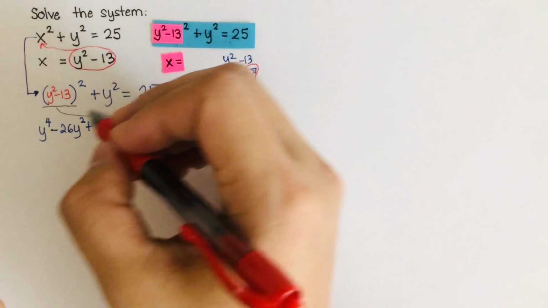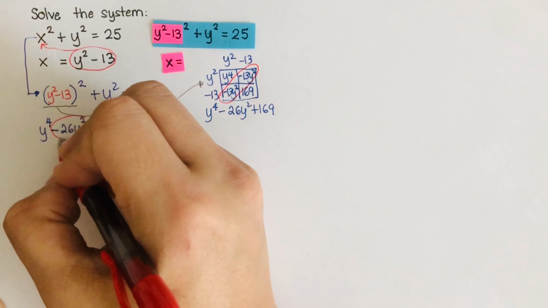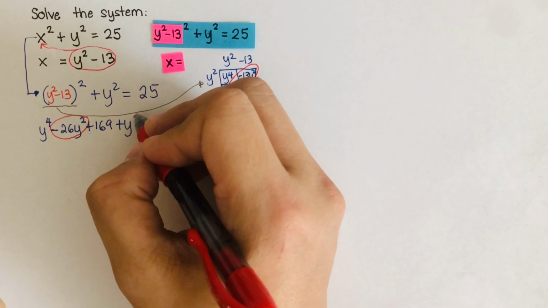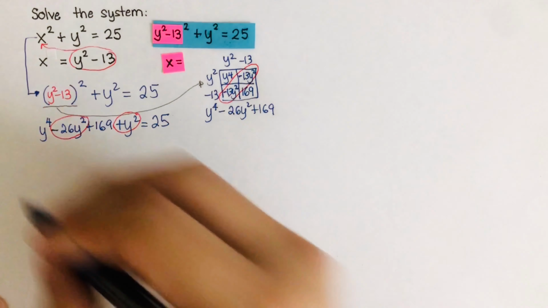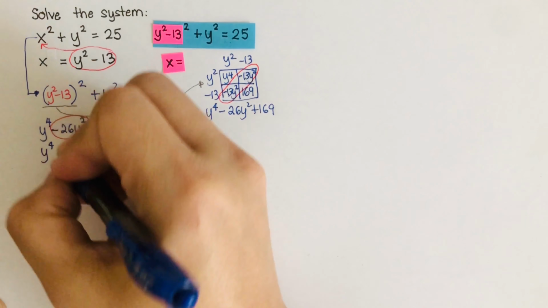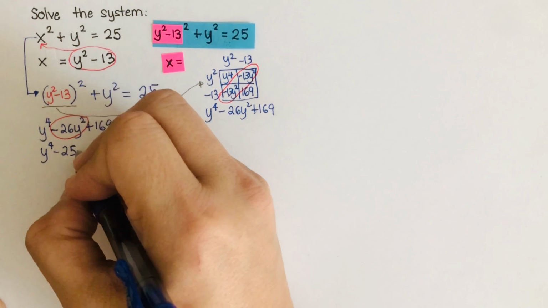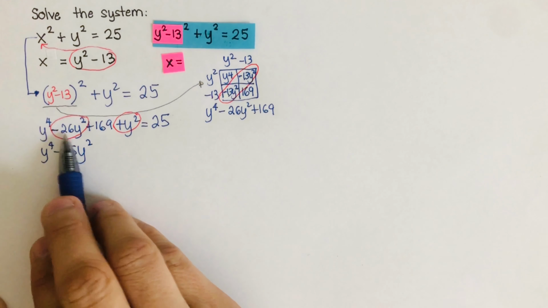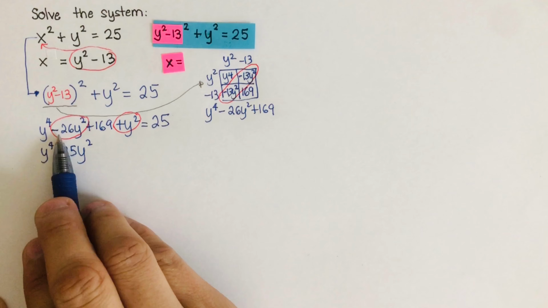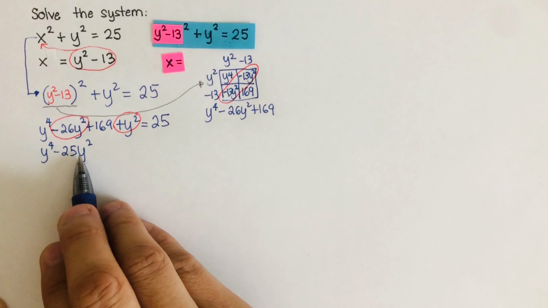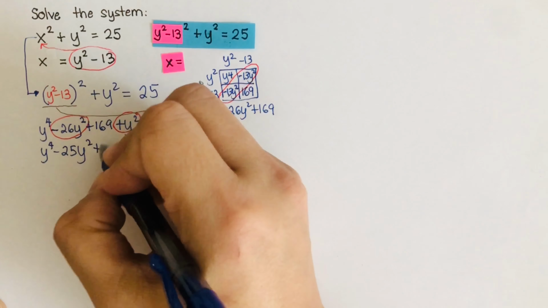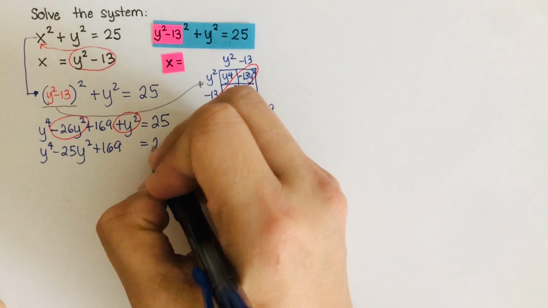So then we are ready to combine like terms. The like terms that we have here would be negative 26y squared and the positive y squared, and that would give us y to the 4th minus 25y squared. That's 25 because negative 26 plus 1y squared would be a negative 25y squared, plus 169 is equal to 25.